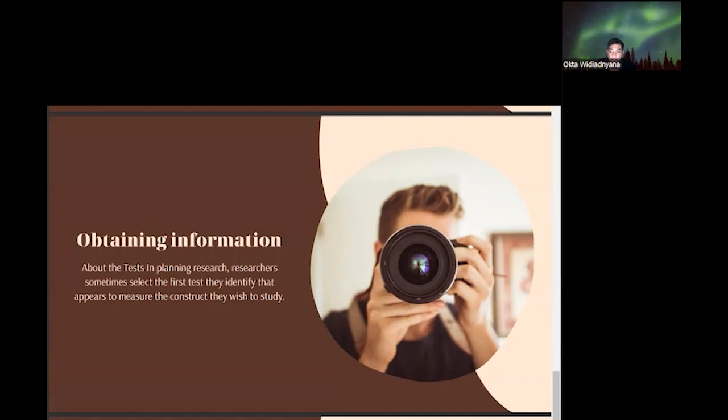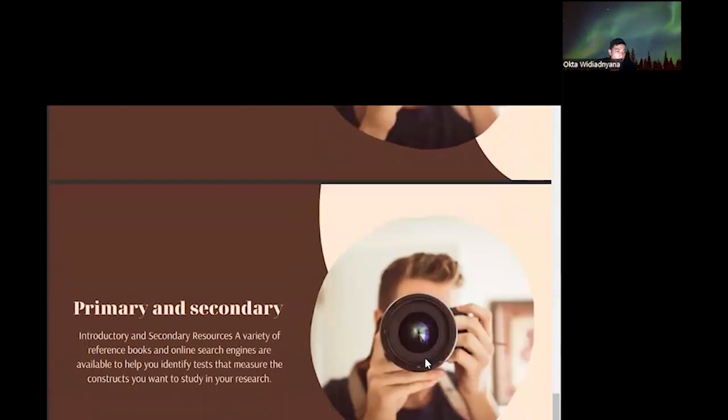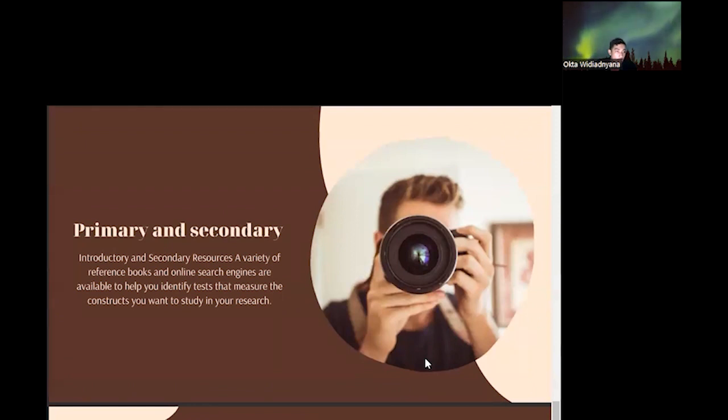They may then face criticisms that the test is invalid for the construct or inappropriate for the sample. This problem can be avoided by determining the range of tests available and gathering detailed information about them before choosing one. And the last, primary and secondary sources.